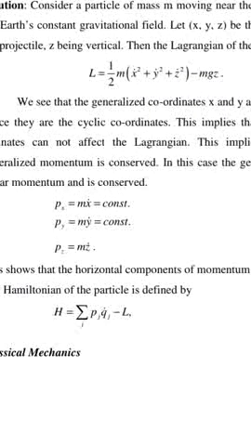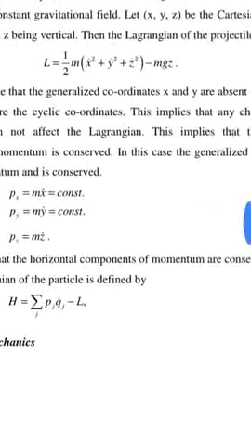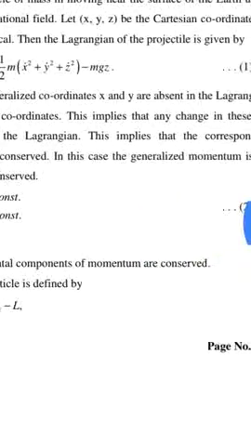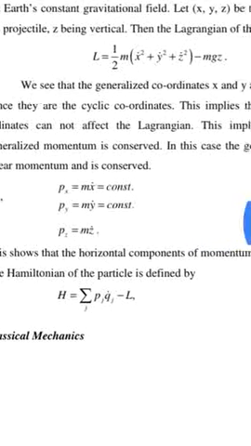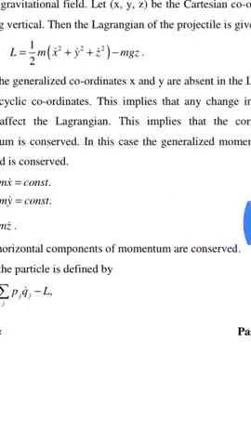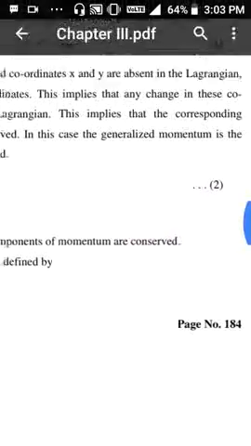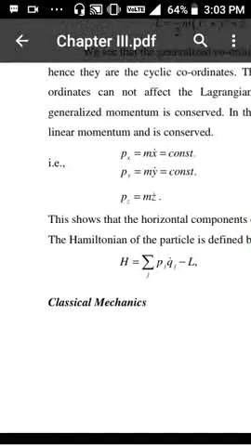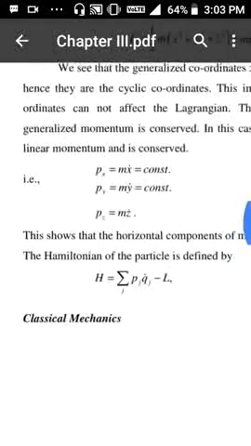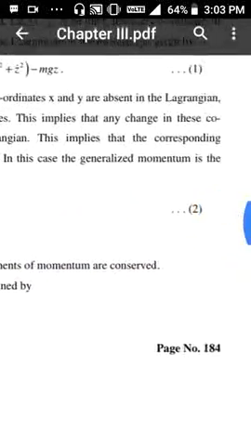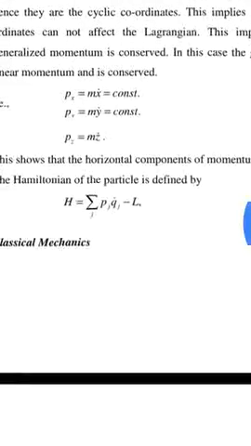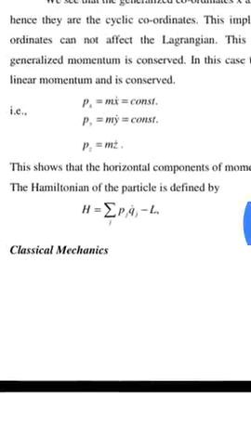We see that the generalized coordinates x and y are absent in the Lagrangian. Hence, they are cyclic coordinates. This implies that any change in these coordinates cannot affect the Lagrangian, and the corresponding generalized momentum is conserved.